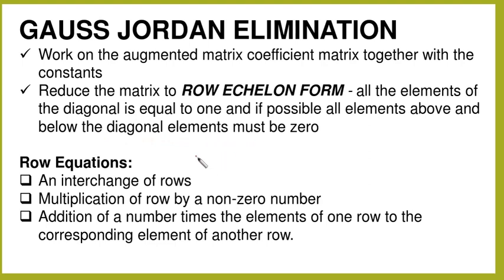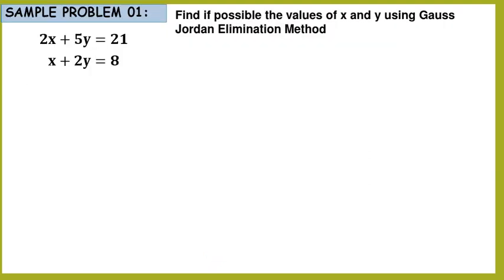Okay, so for the Gauss-Jordan elimination, we can interchange rows. We can also multiply a row by a non-zero number, and we can add a number times the element of one row to the corresponding element of another row. So to better understand this, let's take a look at our example.